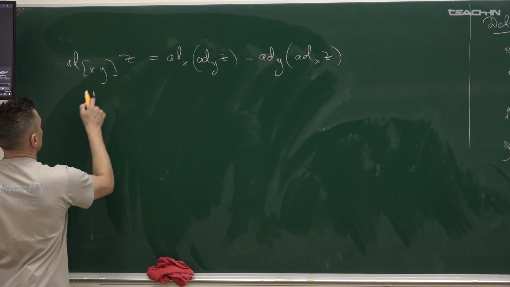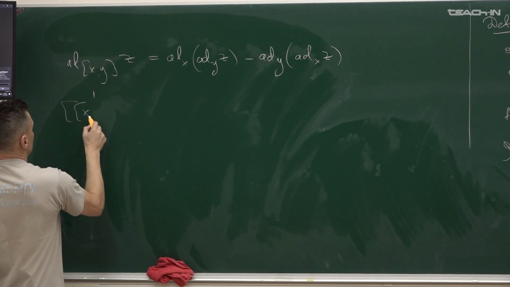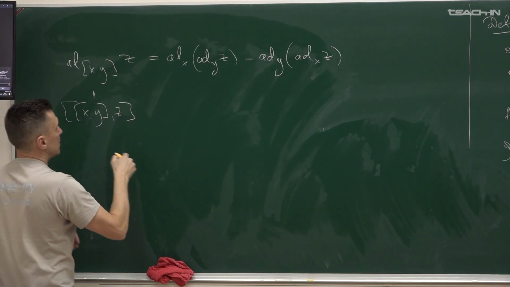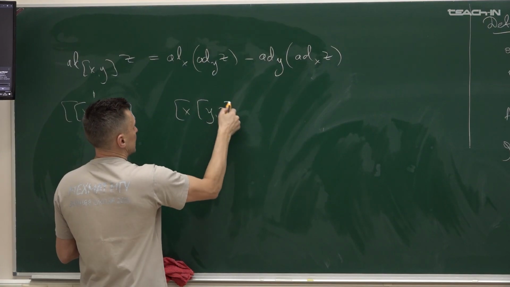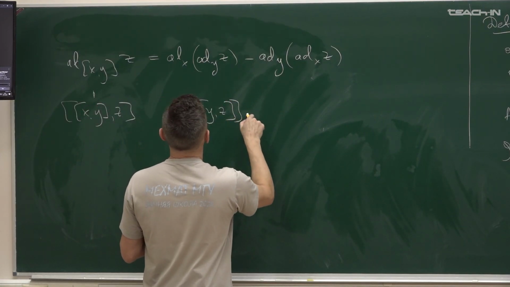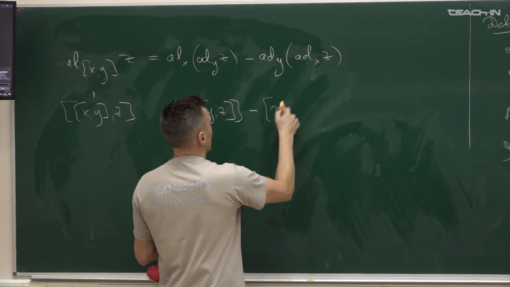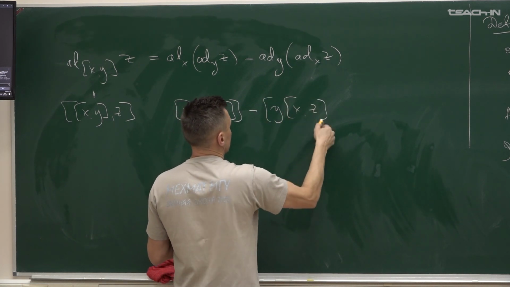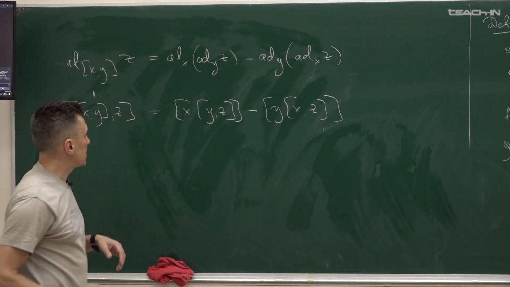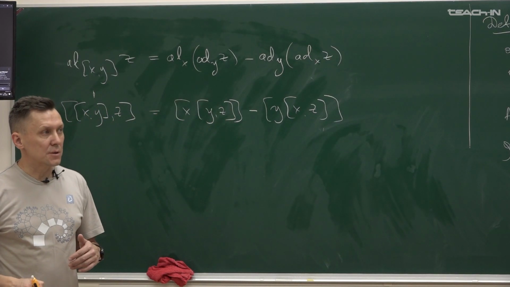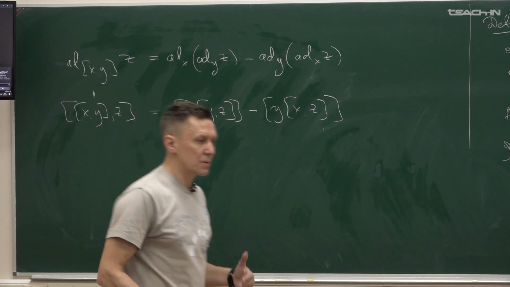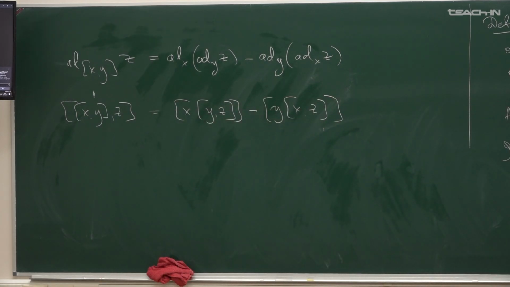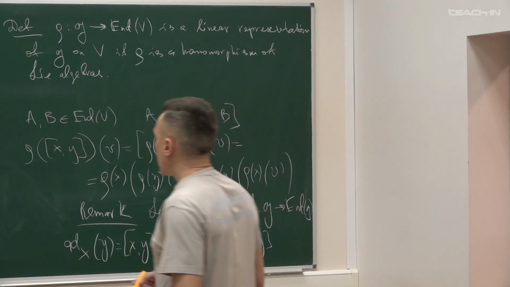But this is equal to such a double commutator, and here we have to write [x, [y, z]] minus [y, [x, z]], and this is the same due to the Jacobi identity. So it's a statement which follows from the Jacobi identity. So this map is a linear representation of the Lie algebra on itself. Okay.